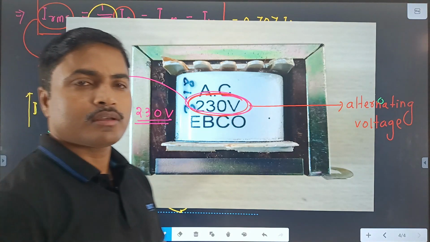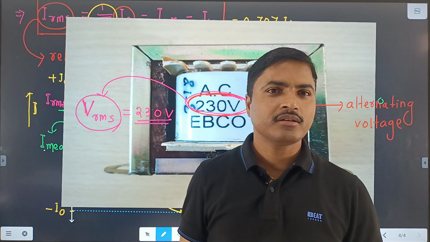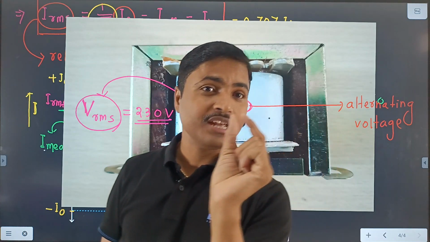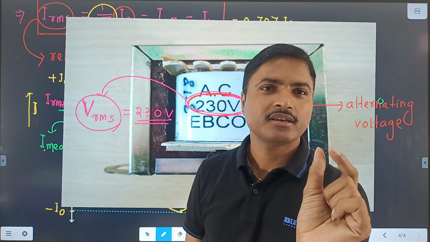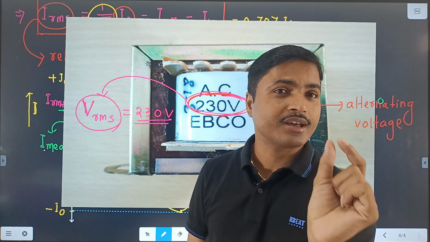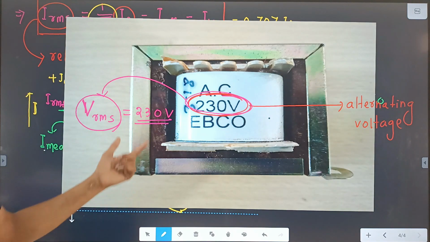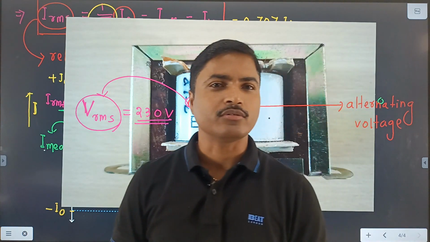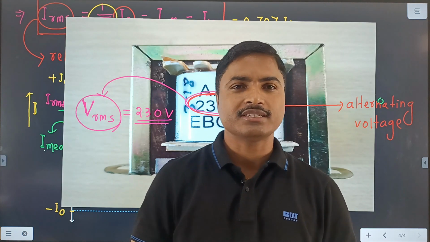Clear? Any instrument, or just like your electric wire, is also marked as 220 volt 50 hertz, and 220 volt means the alternating voltage, and that is the root mean square value of voltage. Clear? And this is all about the root mean square value of alternating current or AC.